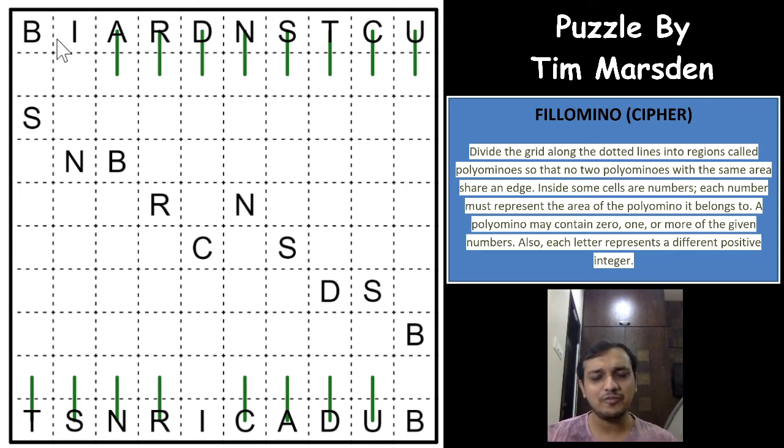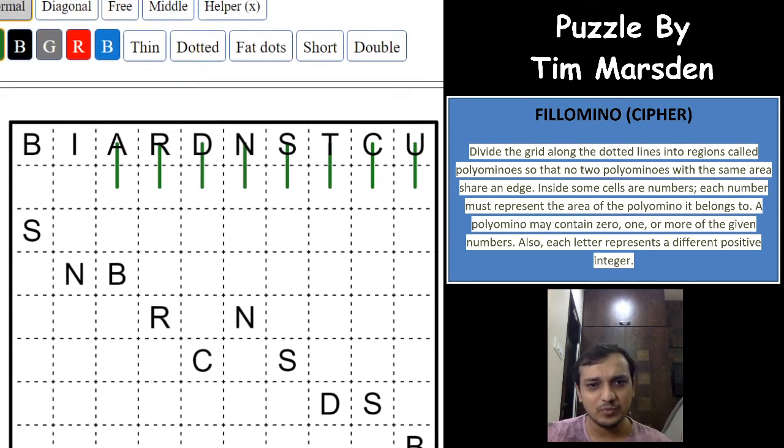And the only alphabet that is exactly below the same place in the top row, so B is not exactly below the other B, this S is not exactly below the other S, this N is not exactly below the other N. There is only one such alphabet that is exactly below the other row.